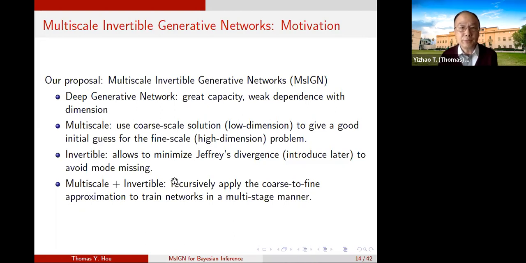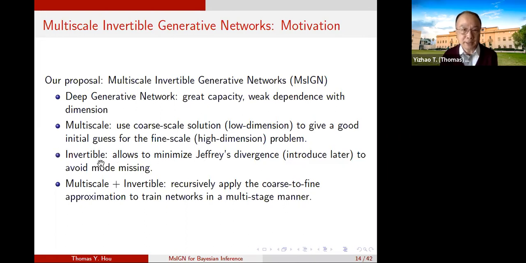And we use invertible maps, which allow us to use the Jeffreys divergence that we will introduce later. The KL divergence tends to miss some of the modes, so you have mode collapsing. The Jeffreys divergence makes it much easier to capture multiple modes, but then it's harder to generate samples.